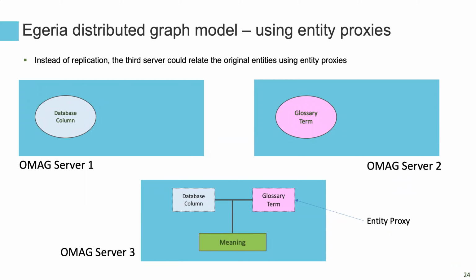So the proxy will store the identity of the metadata collection where the authoritative instance exists. And then we can create the relationship wherever we want to. So what we're building here is a distributed graph. The entities can be in different servers. The relationships can be in different servers. And we can also classify entities as well.